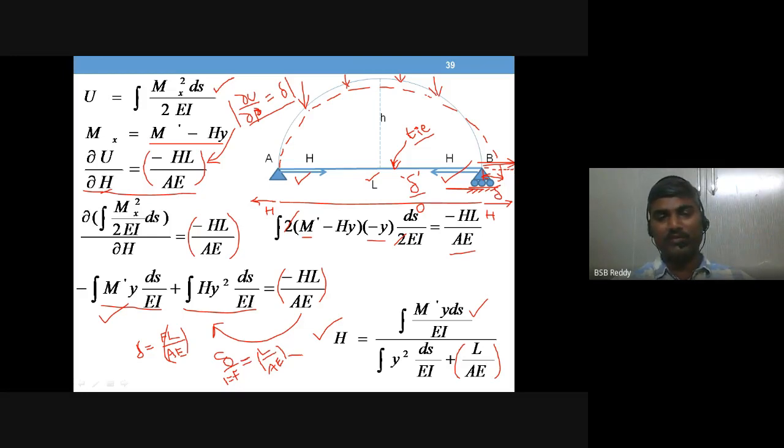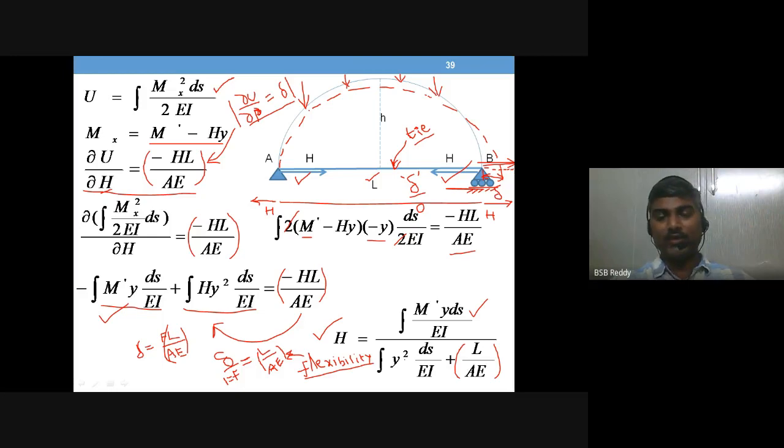You will be getting this in the last unit of this subject, Structural Analysis 2, the last unit of the syllabus this term. So this is flexibility, L by AE.